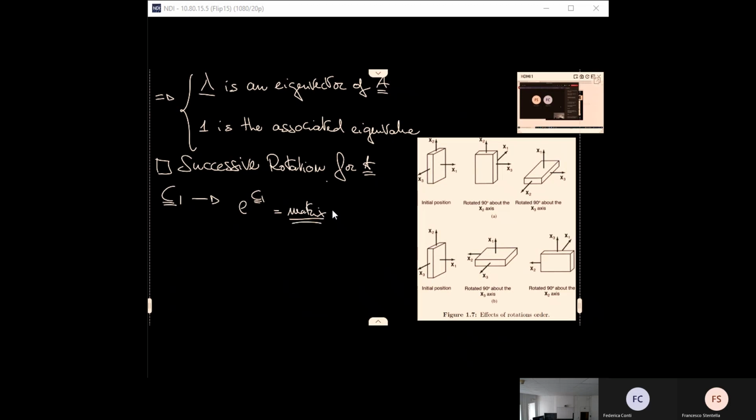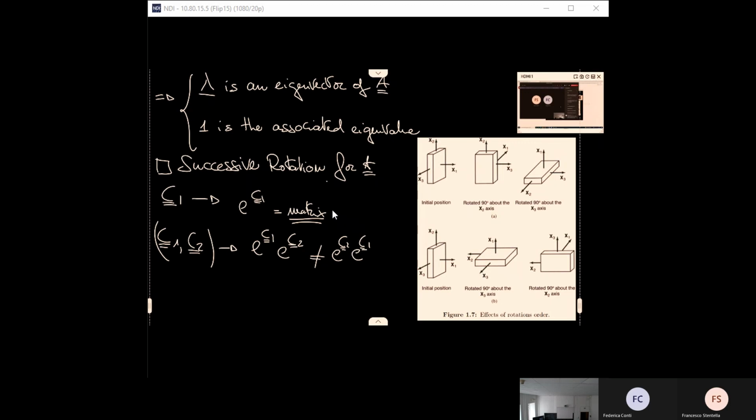Now, in general, it is possible to see that if you take two matrices, for example C1 and C2, then e to C1 applied over e to C2 is in general different from e to C2 multiplied by e to C1. So what you typically do with scalars does not hold for matrices.